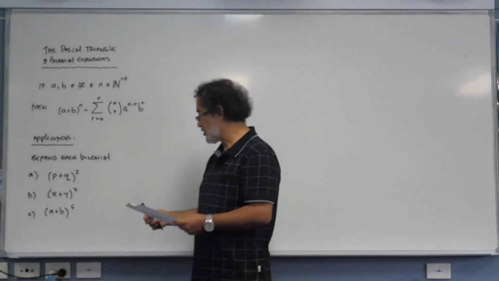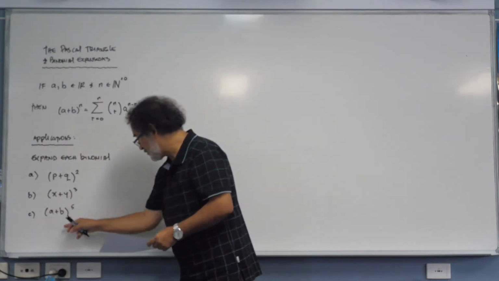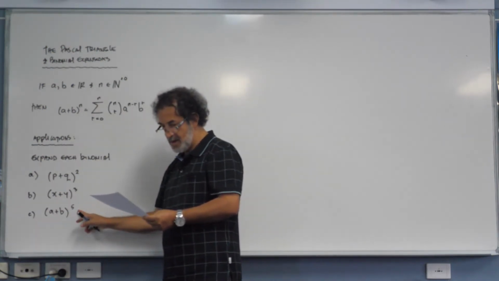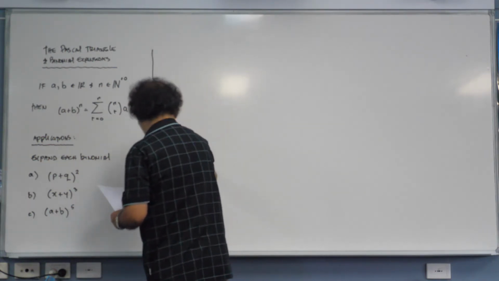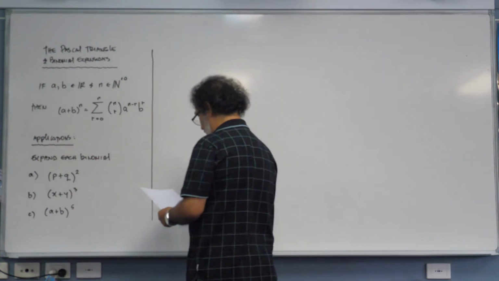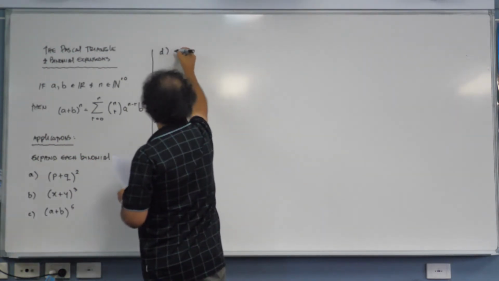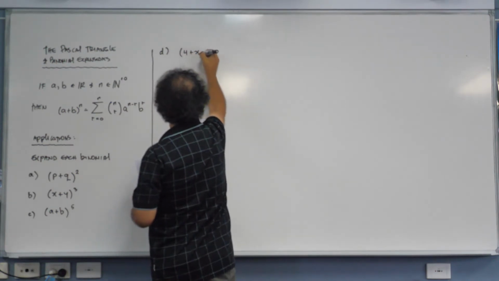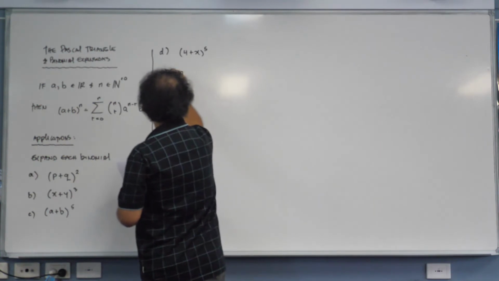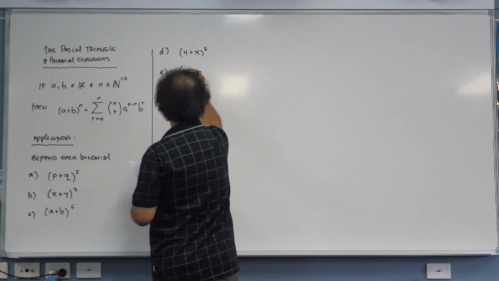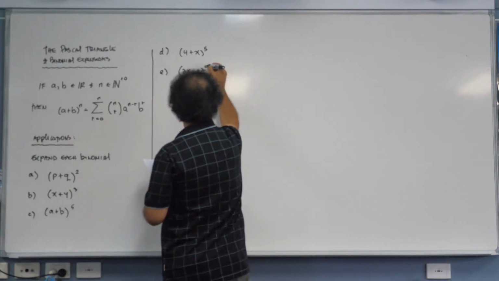So we have p plus q squared, then x plus y to the power of 3, and then a plus b to the power of 5. Also, D is 4 plus x to the power of 5, E is 3x minus 2 to the power of 4.